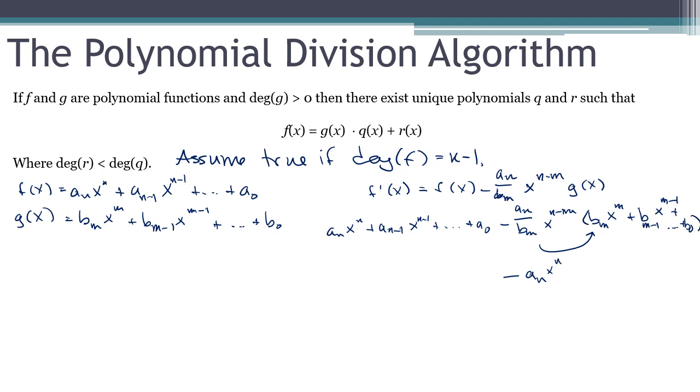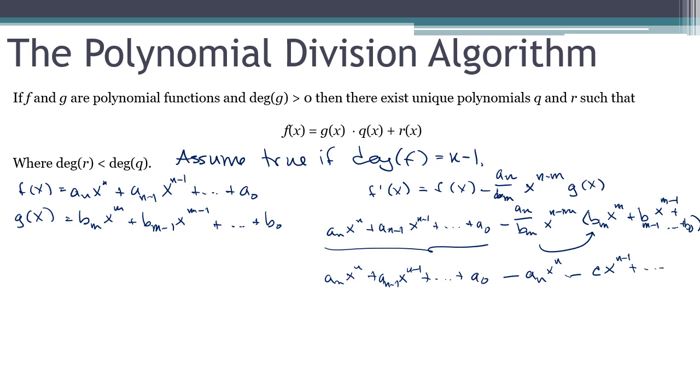Right, and the next term, sorry, it's not a plus, it's going to be minus. It becomes minus a sub n, some new constant, call it c, x to the n minus 1, plus a bunch of other stuff, and I really don't care so much about the details there. Now, I still have all of this f bit here, a sub n x to the n, a sub n minus 1, and so on.